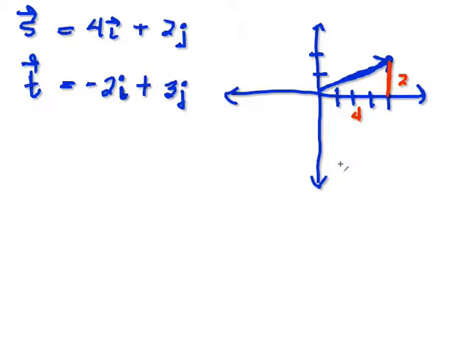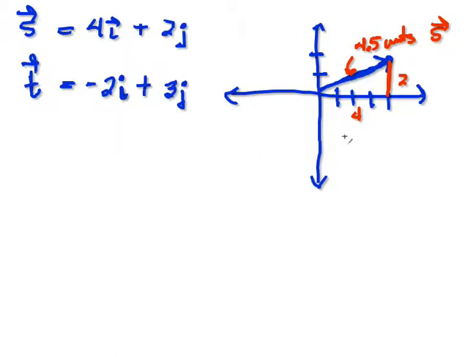And we can see that'd be a little over 4 units, 4.5 units long. And so that's the length of this vector right here, 4.5 units. Whatever units we're talking about, centimeters, whatever. And this is vector s.